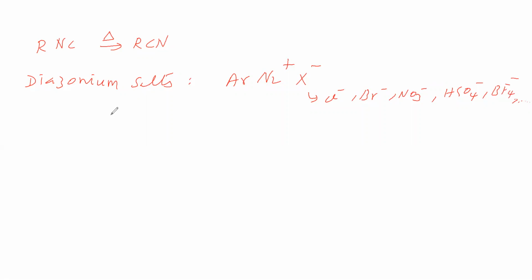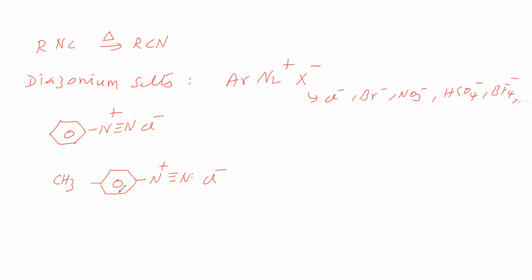Okay. So in the place of aryl, I am taking a phenyl ring. So I will get this. It is called benzene diazonium chloride. So, in the place of aryl, I will take a paratoluene, and in the place of X minus, I will take Cl minus.